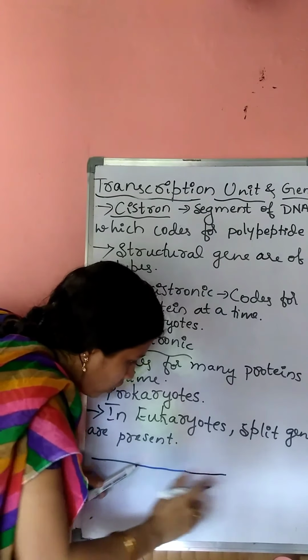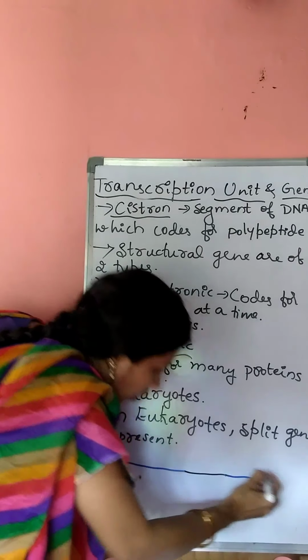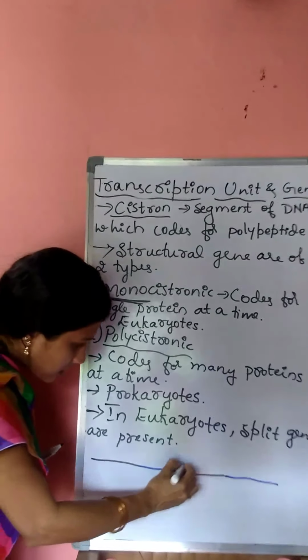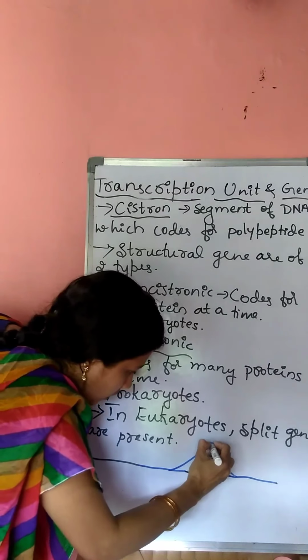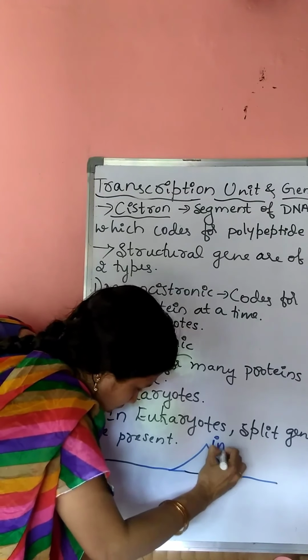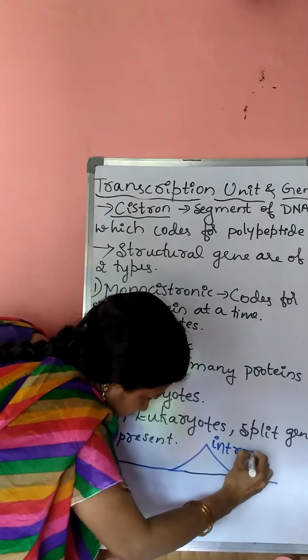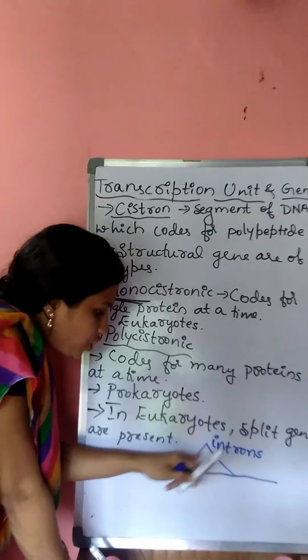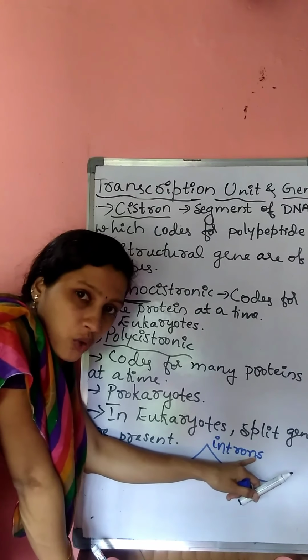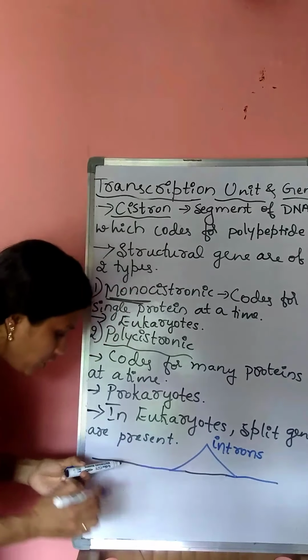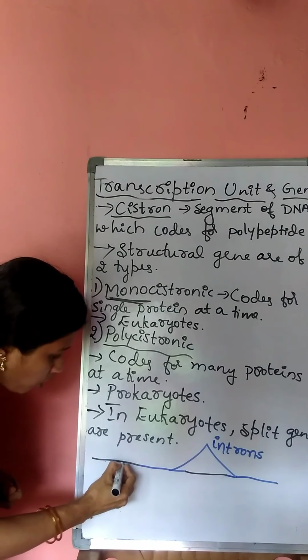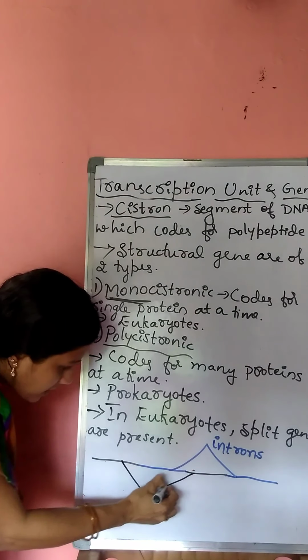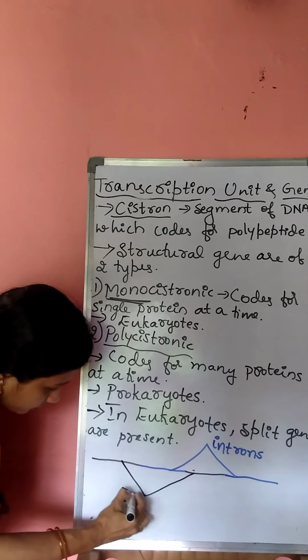The non-coding sequences are called introns, whereas the coding sequences are called exons.